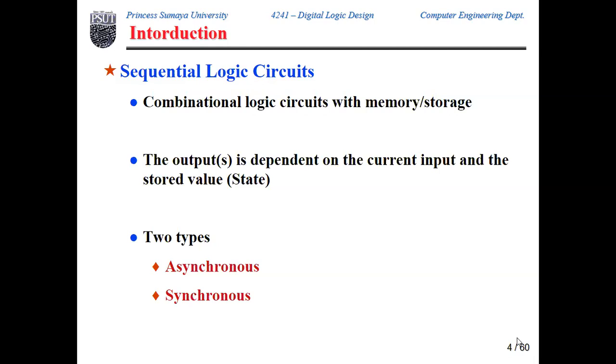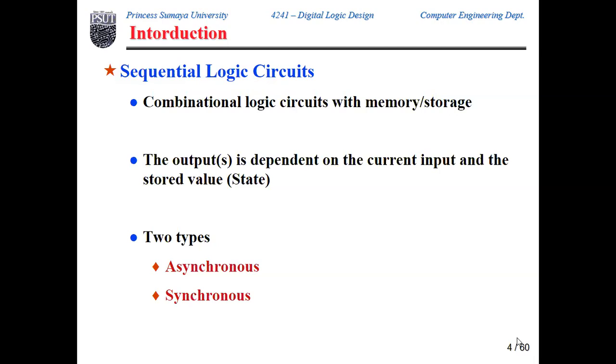That's why we call the stored value, we said last time, the state, or technically the present state, the current value that is stored in the circuit. So basically, the sequential circuit is a combinational circuit along with some storage or some memory.